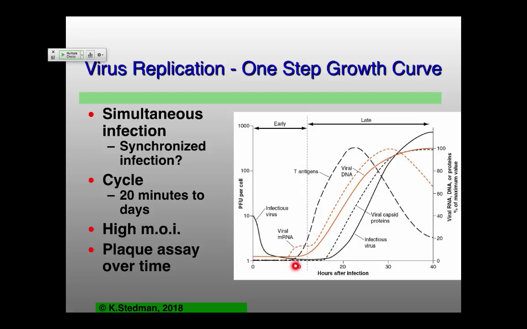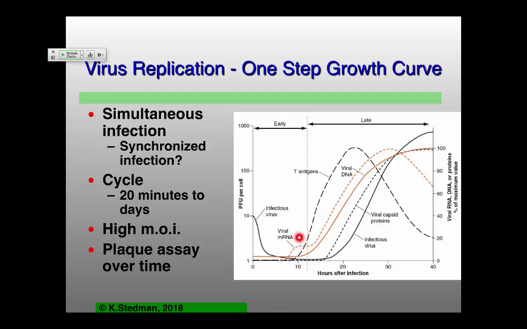If you think about what you need, in this particular case, this is a DNA virus, so it has a DNA genome inside each of the virions. So the first thing that happens is this genome gets released. Here, all these infectious virus particles have gone down to 1 per cell, and we can talk about why that is later on.